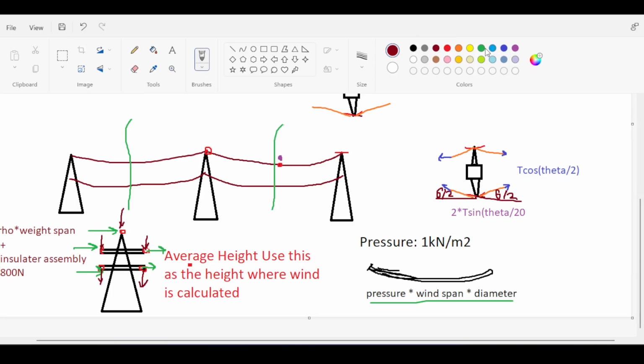So I basically use this to denote the force. This is one force. And you have here an inward going force, which is going to be the same value, T sine theta over 2 multiplied by 2. I think I wrote something wrong here, so let me just fix that. Yeah, okay. So it's basically T sine theta over 2 multiplied by 2 inwards to the tower.